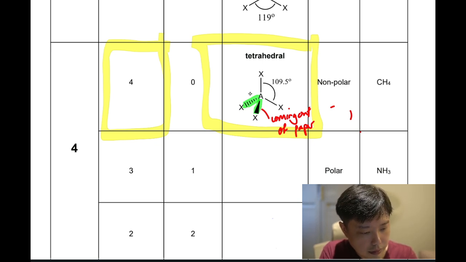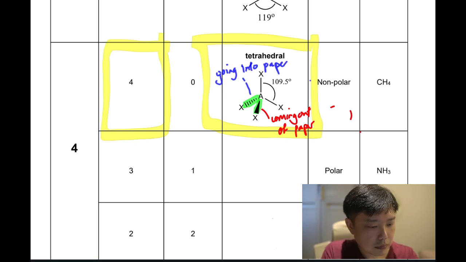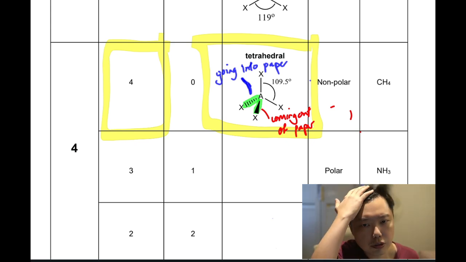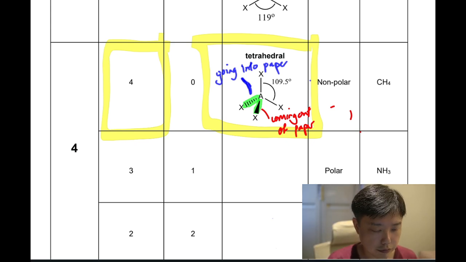And a dash wedge is going into the paper. This is just to convey the 3-dimensional shape of this tetrahedral shape.